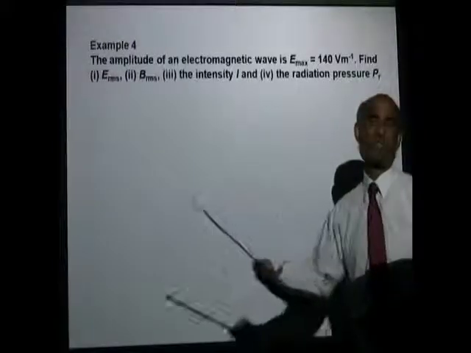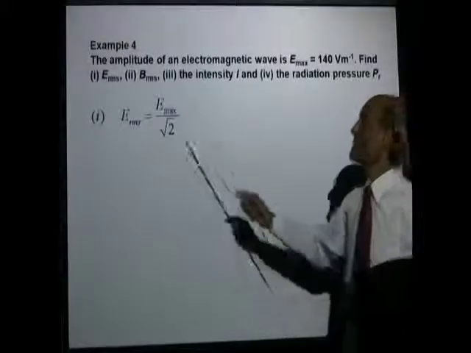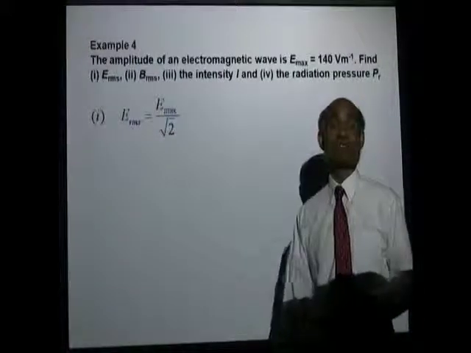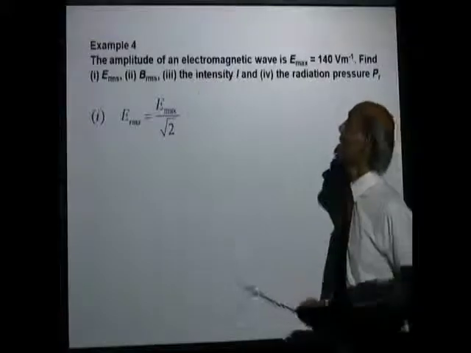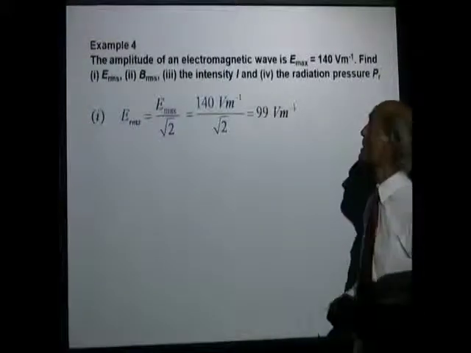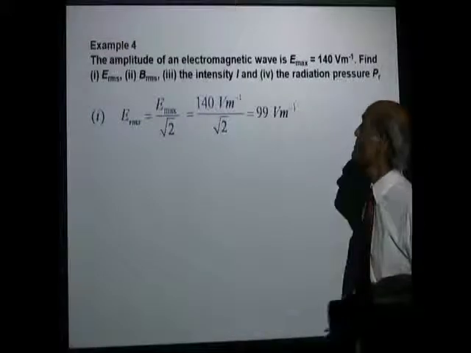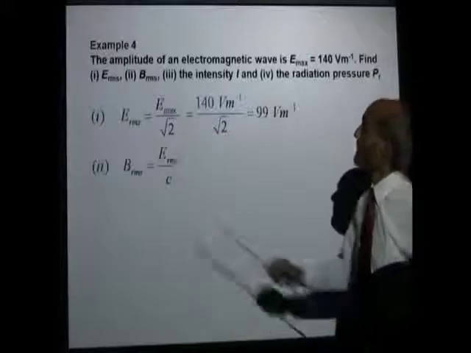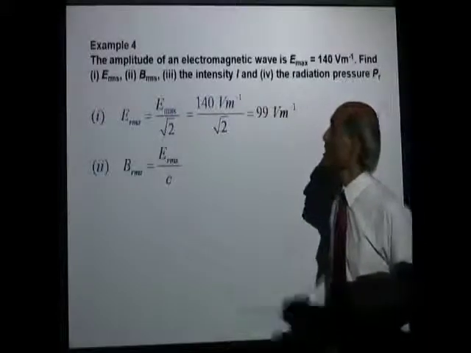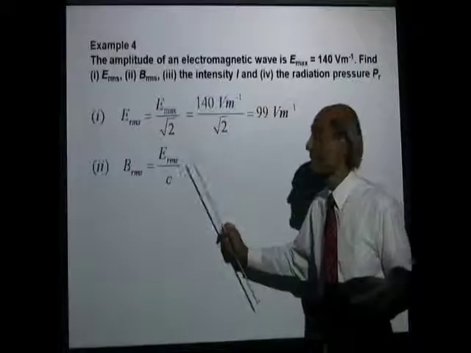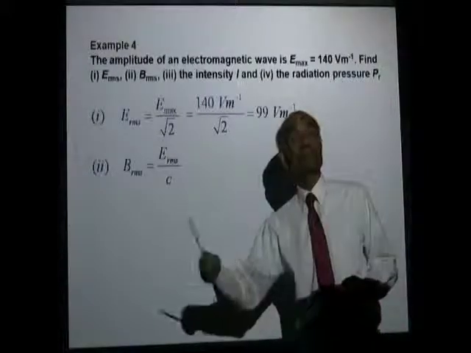Well, they're all direct applications of the formulas we have. E RMS is E max divided by square root of 2, and we have E max. Therefore, the RMS value of that field is 99 volts per meter. Now, B RMS is E RMS divided by C. Is that right? Yes, because E equals CB.